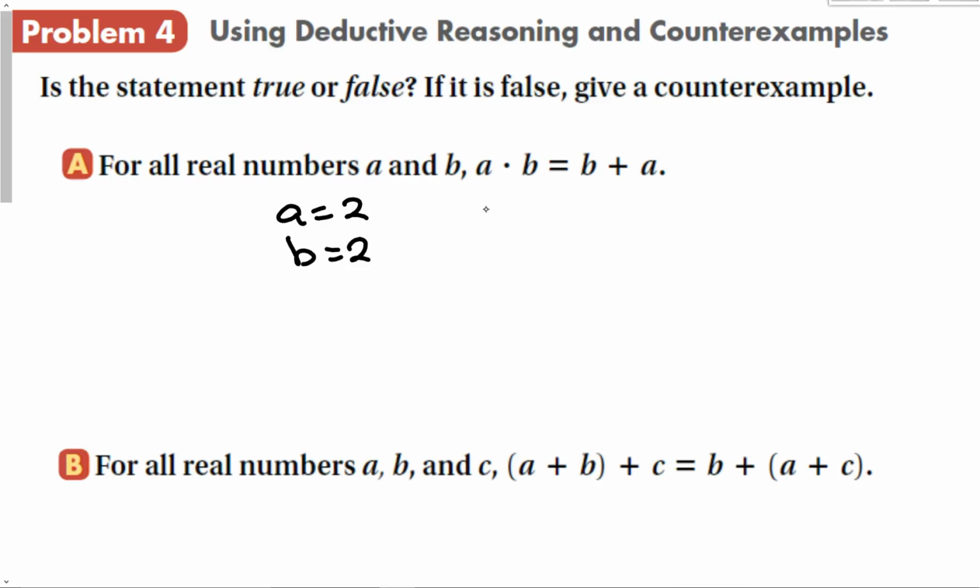So if I were to do that, we would have 2 times 2 is equal to 2 plus 2, which is true. So even though the expression turned out to be true, it's only true for a specific case, right? We only need one counterexample to show that a statement is completely false, even though we got lucky this time and it just happened to work for this expression.